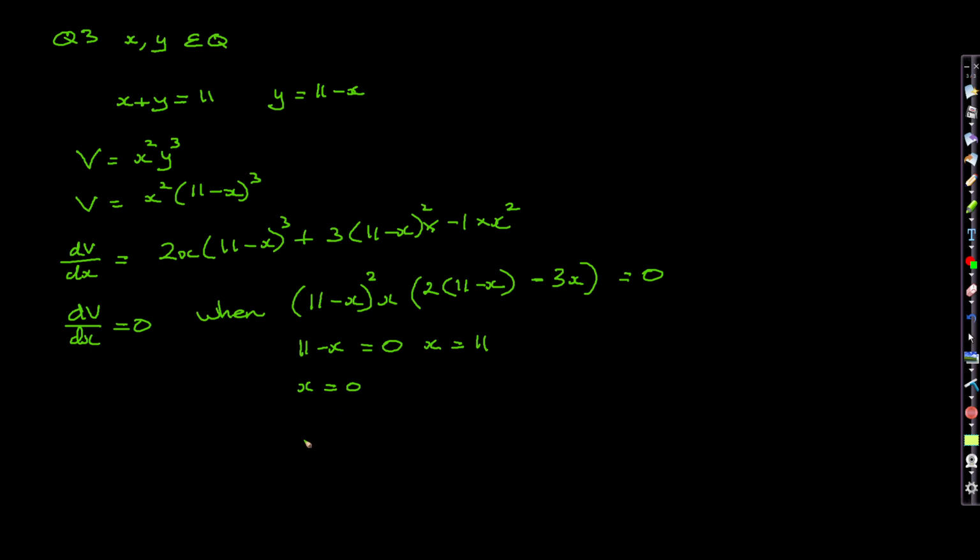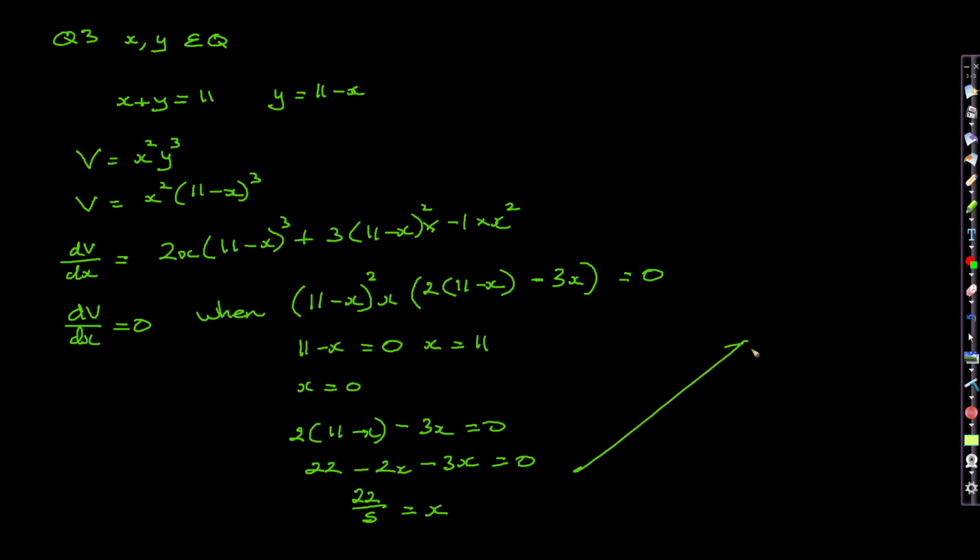The other answer we can get is when this is equal to 0. So we're going to get 22 minus 2x minus 3x equals 0. That gives x equals 22 divided by 5. From that you can then get the y value.